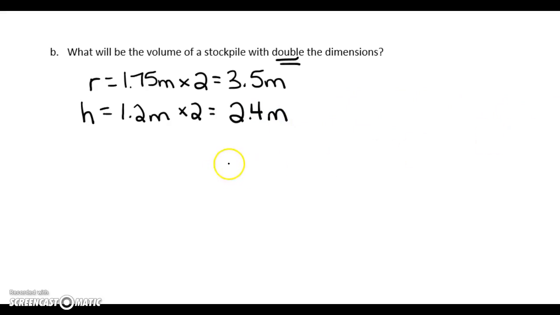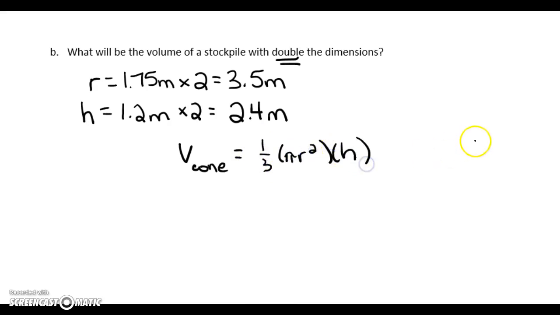Then we can plug this into our equation again. So the volume for the cone is equal to 1/3 times pi r squared times your height. Now let's plug in the r and the h value, and let's solve.